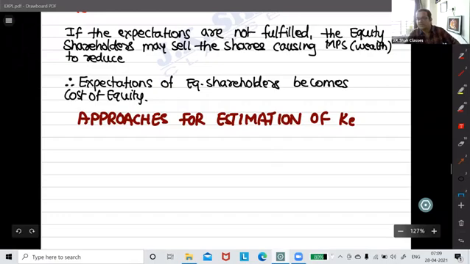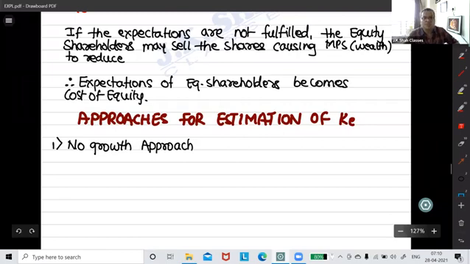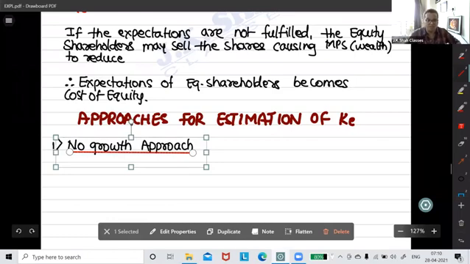So let's start with it, guys. The very first thing that we'll note today is the no growth approach. What does this no growth approach have to say?